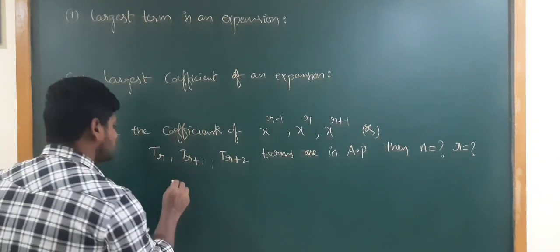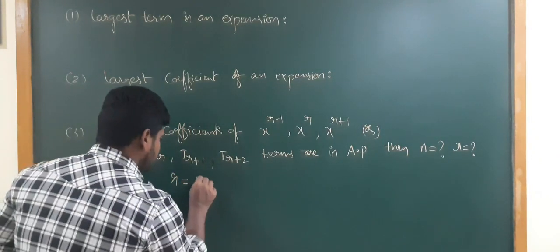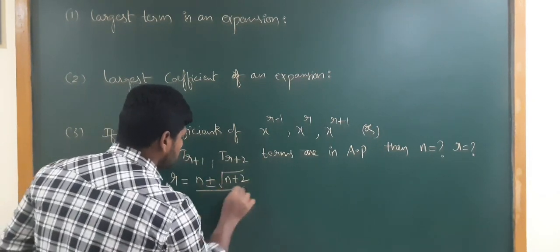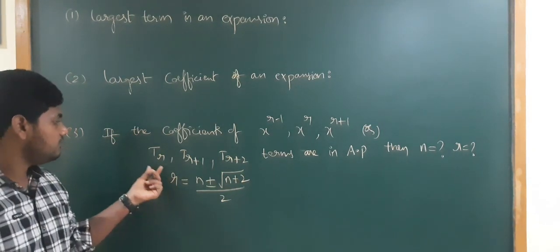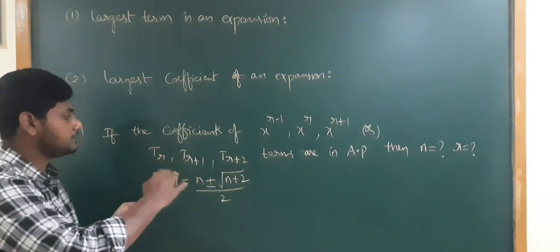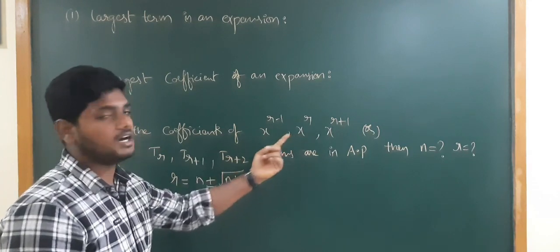In order to find those, we have a formula: r is equal to n plus or minus square root of n plus 2, by 2. This is the formula to find the r value when three consecutive terms or their coefficients are in AP.